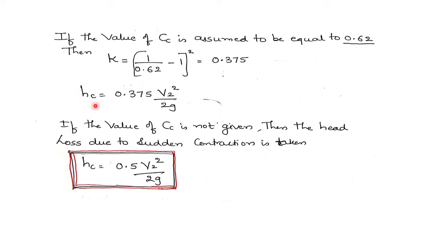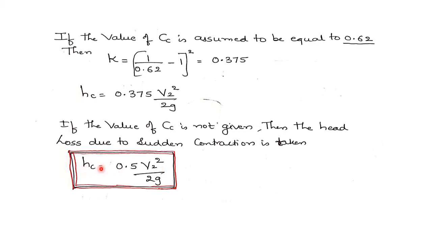That means HC is equal to 0.375 into V2 square divided by 2g. This is my standard value. If the value of CC is not given, then the head loss due to sudden contraction is directly taken as HC equal to 0.5 V2 square divided by 2g, where V2 is the velocity at section 2 of the pipe.